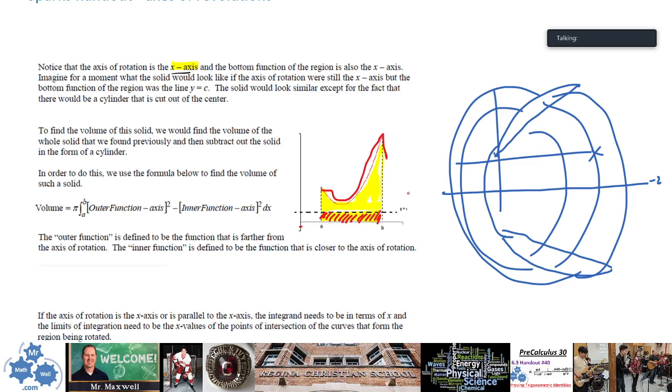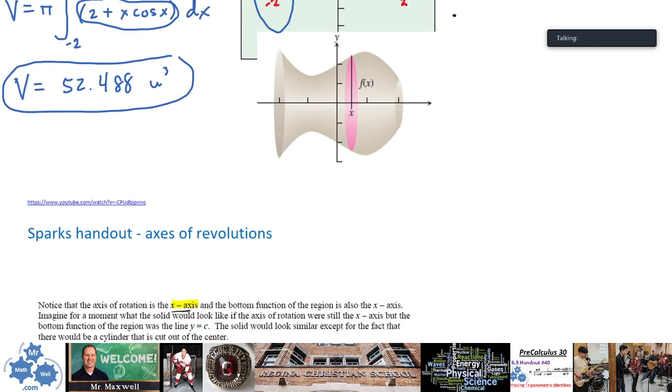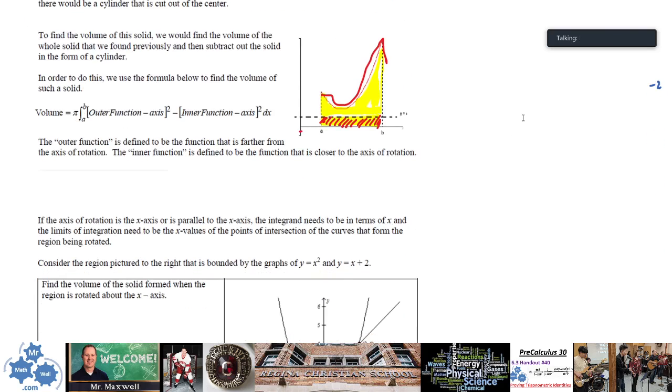Or we're going to find the volume of the solid all the way down to the x-axis, sort of like we did with this example. But if we wanted to cut off this bottom part, we would take away this volume. That's really what we're doing. So we just have the outer shell.